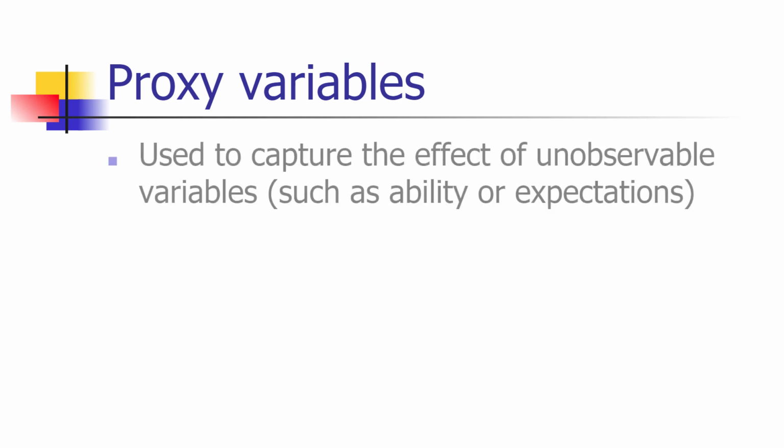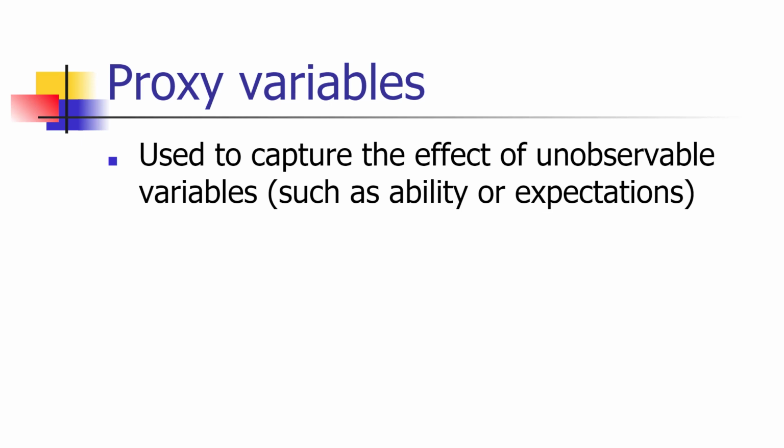And because of that, we use what we call proxy variables. For example, if we're trying to measure someone's ability, someone's cognitive skills, or someone's physical ability, or something similar, we only have rough approximations to that measured by test scores, by tests of manual dexterity, and so forth.